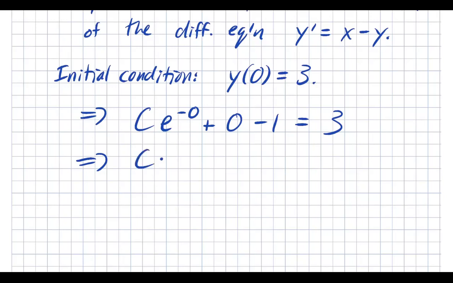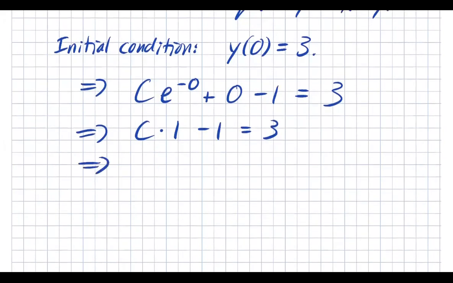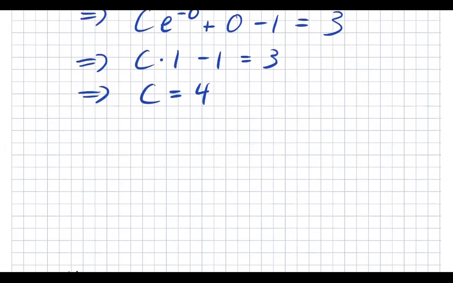So we get c times 1, then plus 0 minus 1, so we get minus 1. That equals 3. If we solve this for c, we get c is equal to 4.